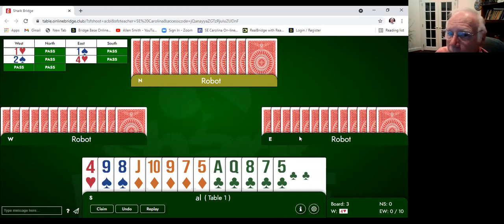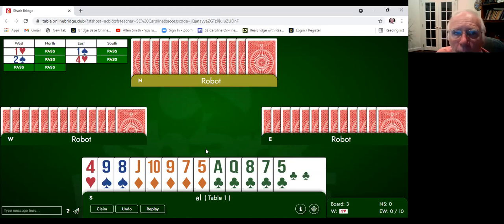So what do we know? We know now that they've got a double fit in hearts and spades, and that East actually prefers having the contract in hearts. So probably it's a 5 plus 3 fit, okay, versus a probable 4-4 fit.